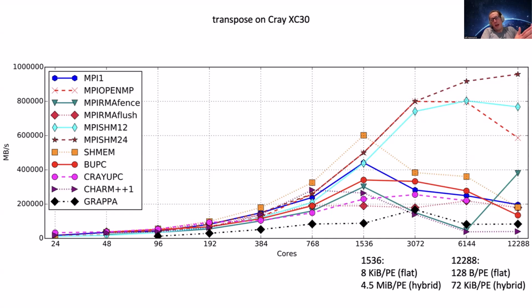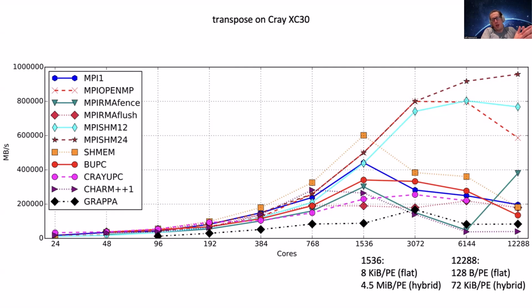And what you see here is very reasonable behavior based upon the properties of networks, which is SHMEM, which is doing direct RDMA with no overhead, no protocol stuff, does the best up to a point. And this crossover point, you can see down here, at 50 and 36 cores or endpoints, if you're doing a flat programming model, is 8 kilobytes per endpoint.